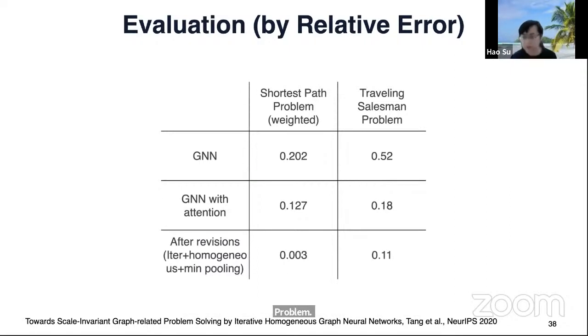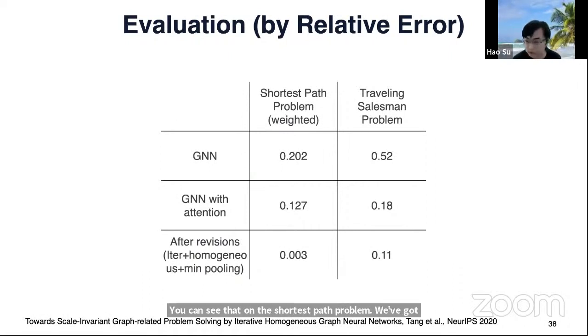You can see that on the shortest path problem, we get almost perfect performance. And even for the traveling salesman problem, which is an NP-hard problem, we can get quite reasonable results.